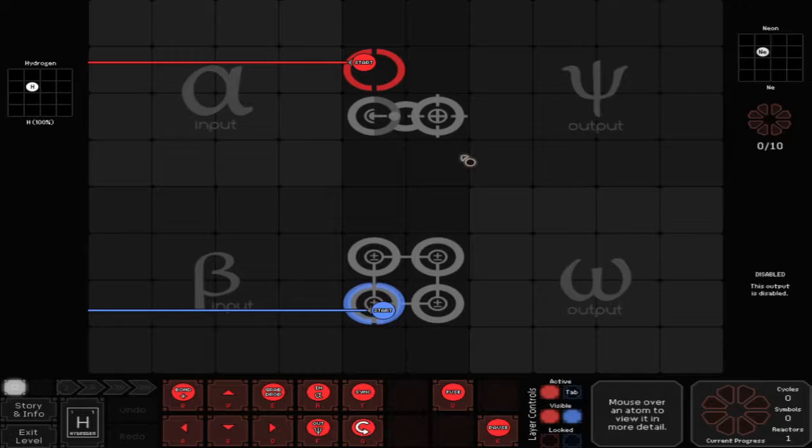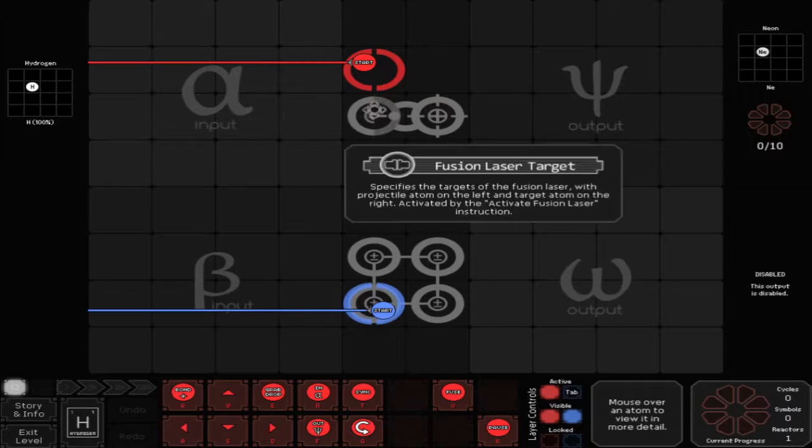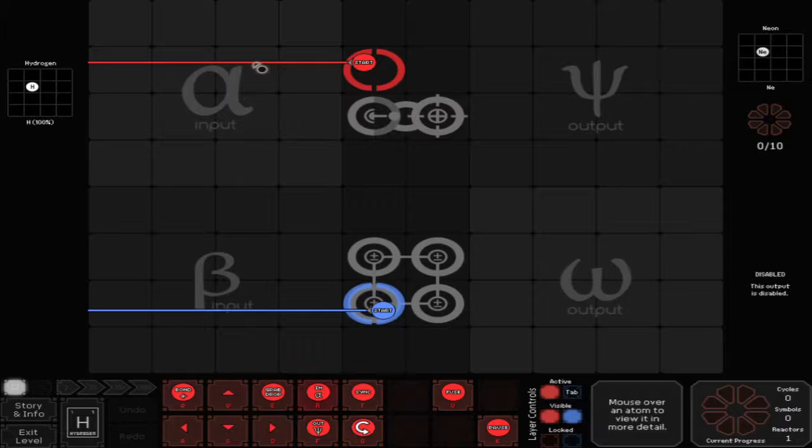I think I know how to do that just because I've done it so much before when I played this game many a year ago. Actually, you know what, the fusion laser can sit right there, it's fine.